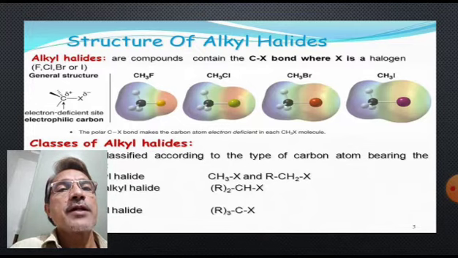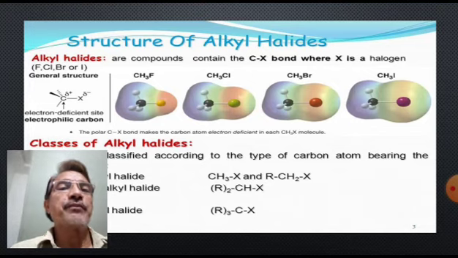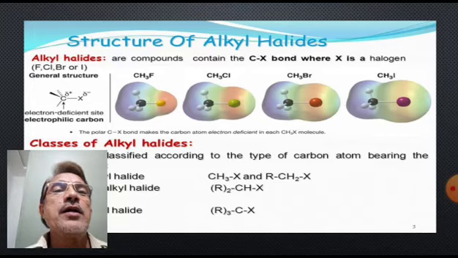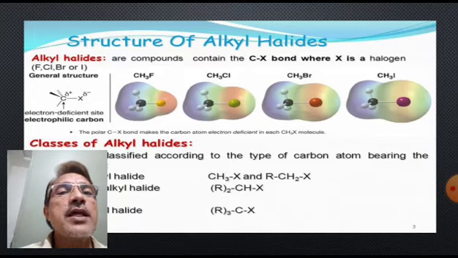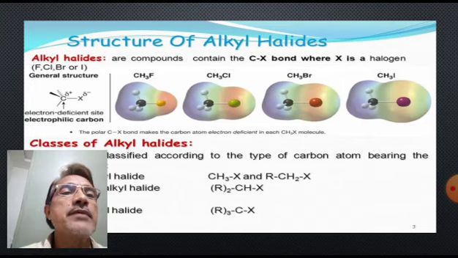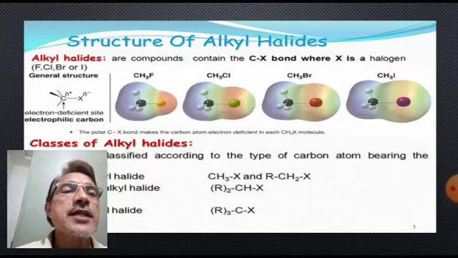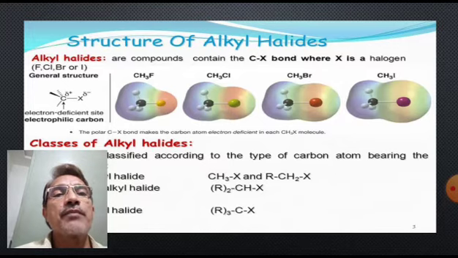IUPAC names: fluoromethane, chloromethane, bromomethane, iodomethane. The polar C-X bond makes the carbon atom electron deficient in each CH3X molecule.